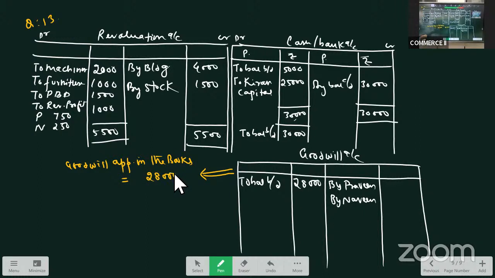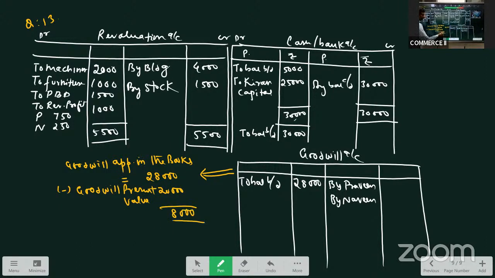Goodwill already appearing in the books, 28,000, minus goodwill present value. Present value is how much? 20,000. So this 8,000 is debited to the old partners.